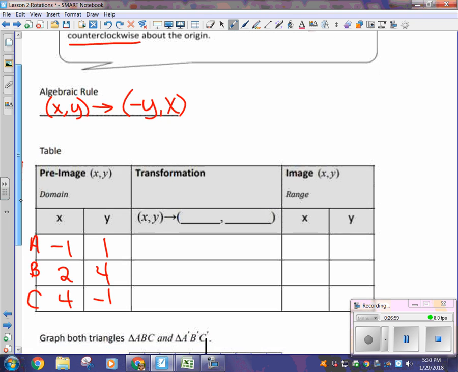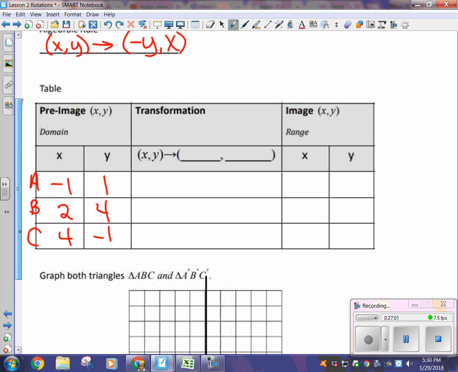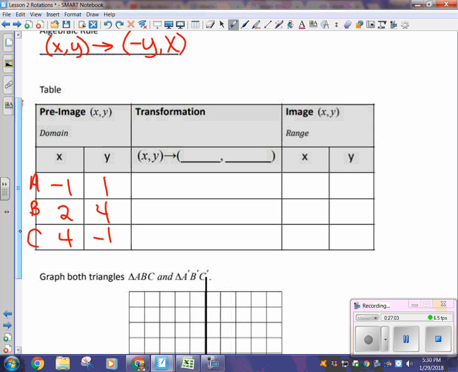Now what I aim to do is use the rule and write my range, or find my image points. My image points are referred to as a range. My pre-image points are referred to as a domain. So I need to start using that vocabulary in class so that you've heard it and you're more familiar with it. All right, let's just apply the rule. X's go to the front, y's go to the back.